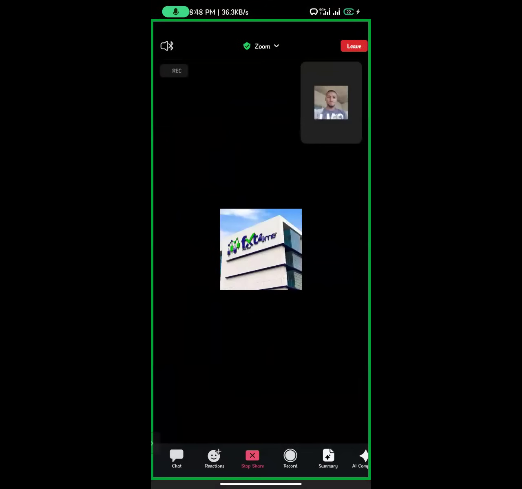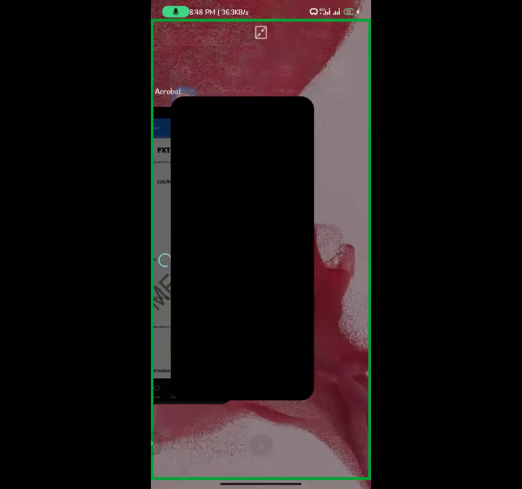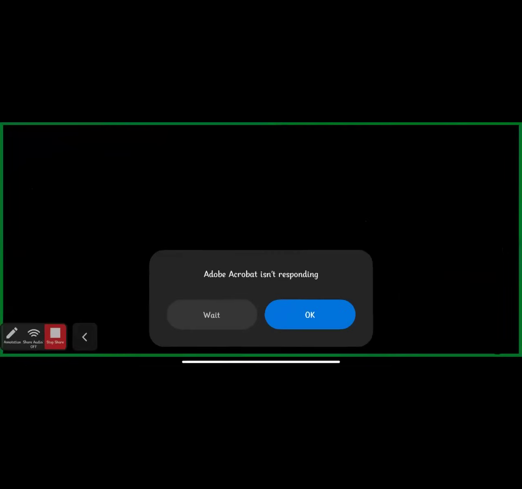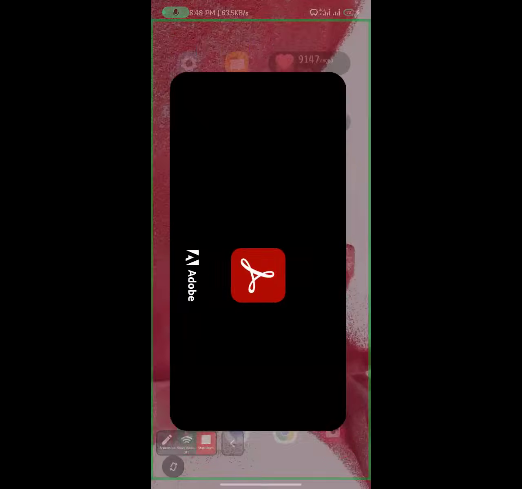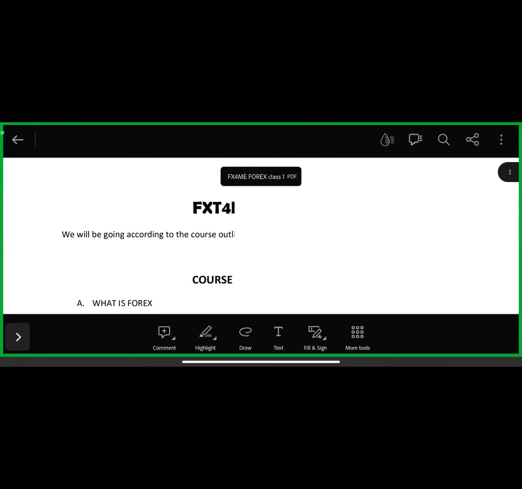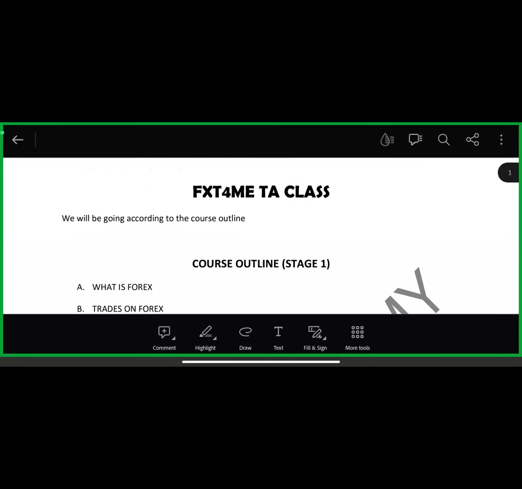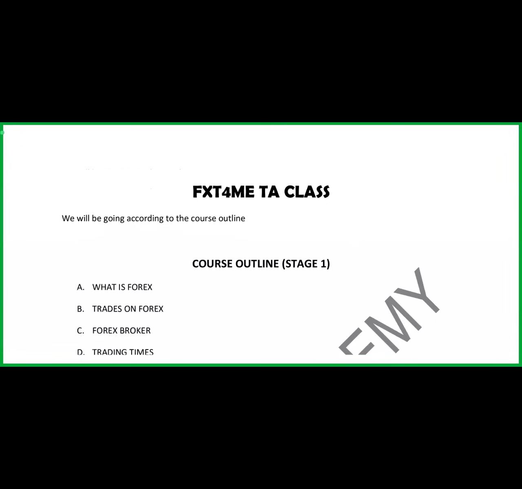Sorry, I never knew I was muted. Can you all see my screen? Yes, very good. Sorry, my phone is rebooting. Let's kick start. My Acrobat is not loading. Okay, it's still loading. Now, can you all see my screen? Yes, very good.